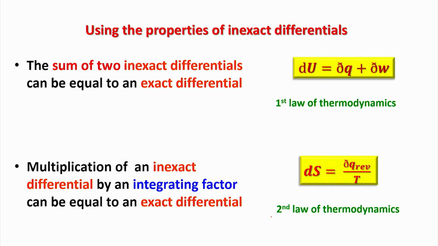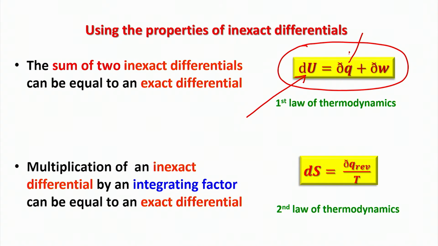The mathematical statement of the first law of thermodynamics is this. So what is dU? dU is the infinitesimal change in the internal energy of a given system when the system has exchanged dq amount of heat and dw amount of work with its surrounding.